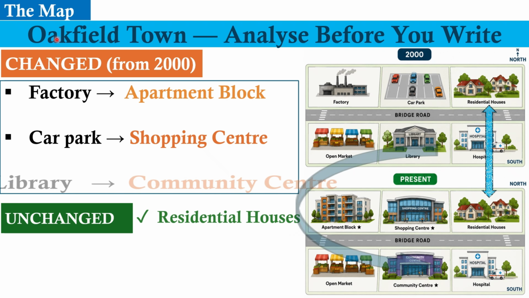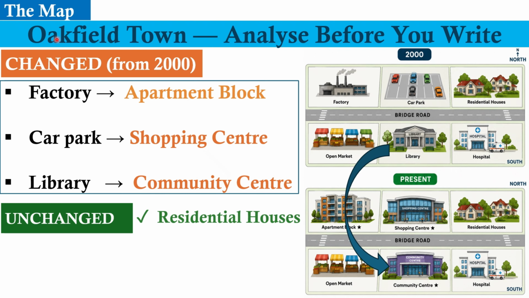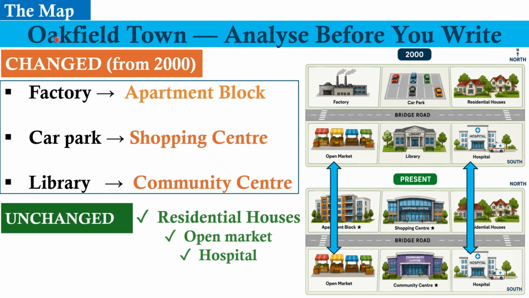On the southern side, only one thing changed. The library was converted into a community center. The open market and the hospital stayed as they were. 3 changes and 3 unchanged features. This will be our working example as we explore all 4 grammar structures.